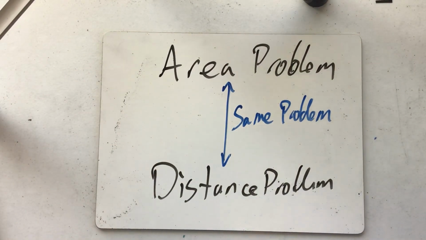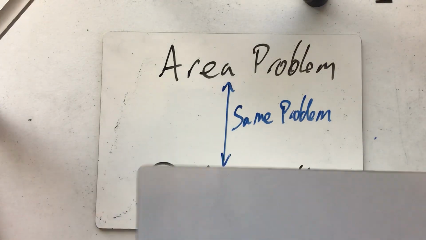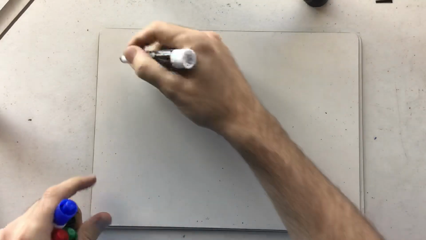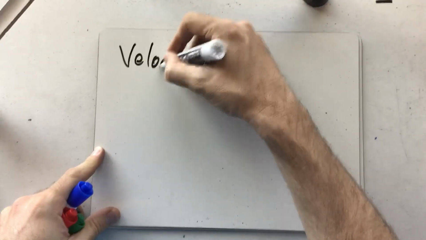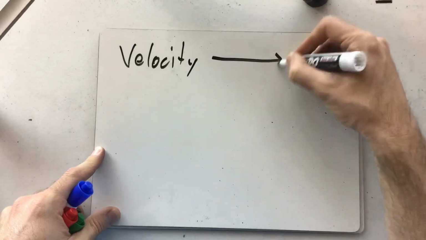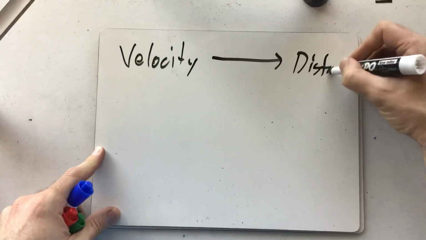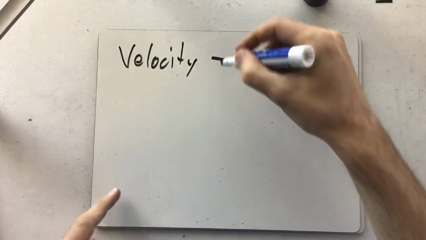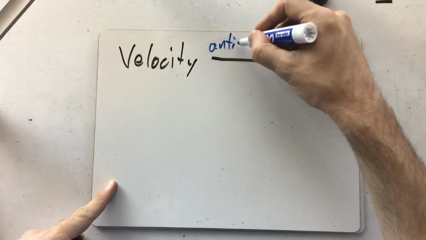But what's important is that this gives us some clue as to how we should go about finding the area. So if I know velocity and I want to get to distance, what do I need to do to get there? Well, the answer is I need to do an antiderivative.